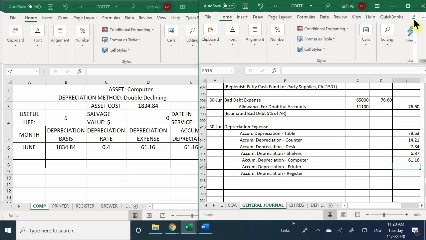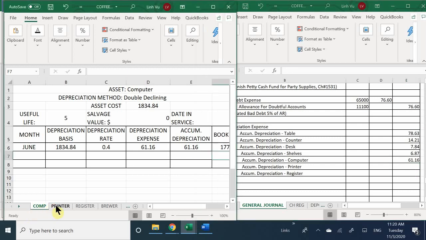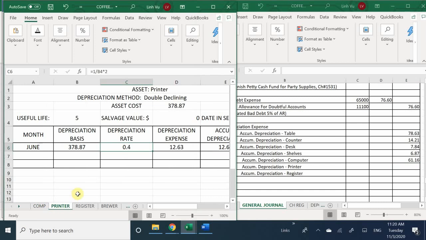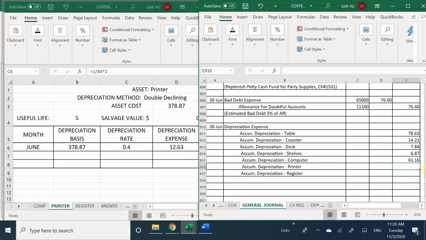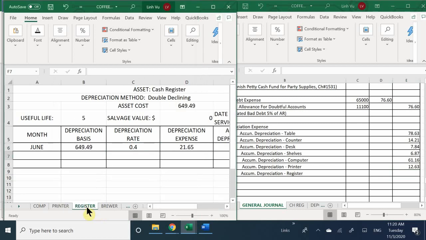And then what about my printer? How much did I depreciate that one for? 1263. Okay, and then what about my register? 2165.